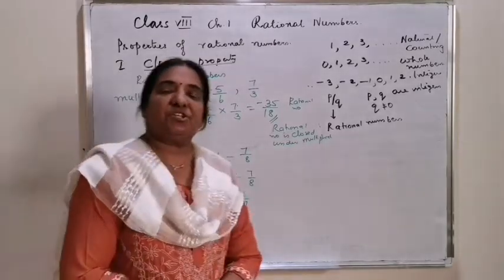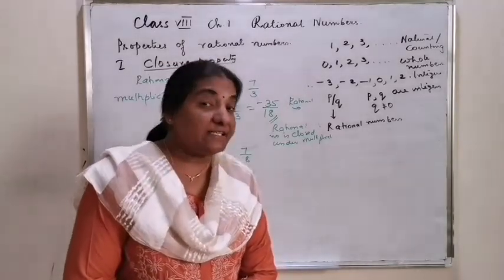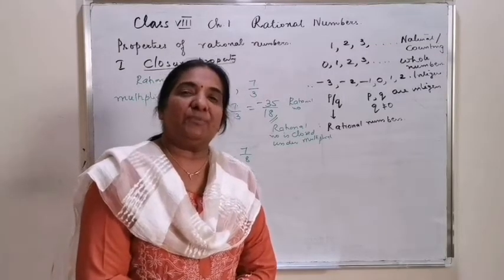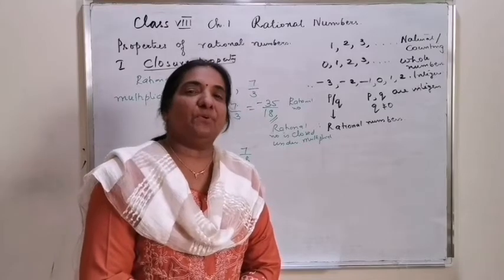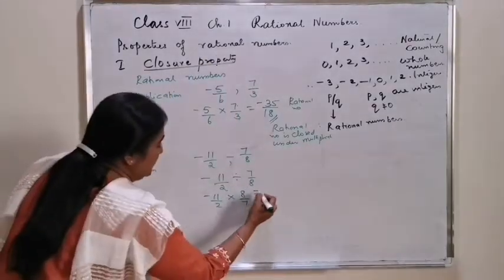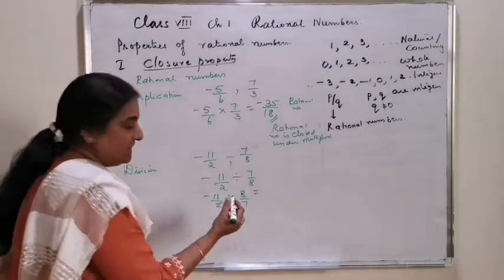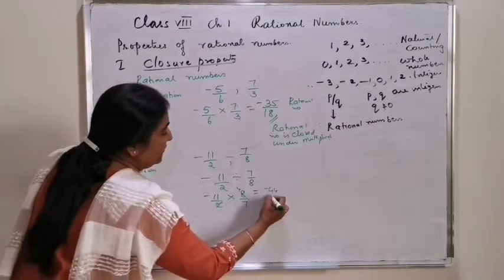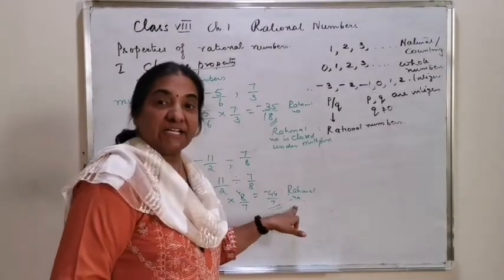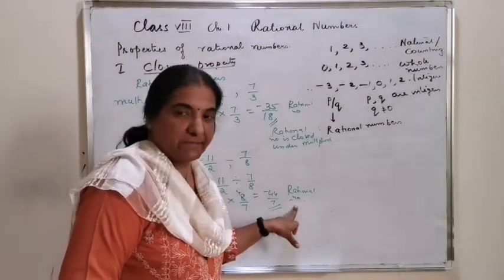Like subtraction, where you are doing addition with the inverse, division is converted into multiplication by the reciprocal, or multiplicative inverse. The answer is, 2 and 8 can be cancelled, minus 44 by 7. Is minus 44 by 7 a rational number? Yes.